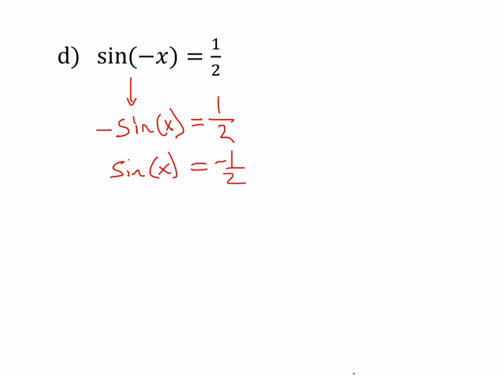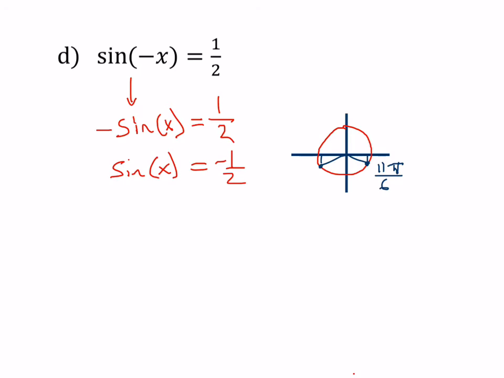Now let's go to our unit circle. Where do we get a sine, which is the y value, of negative 1/2? That's going to be down here on our 30-degree reference angle. Okay, because the y value is that short side, which is negative 1/2. And this is at pi over 6 less than the whole thing, so that's 11 pi over 6, because 12/6 would be 2 pi.